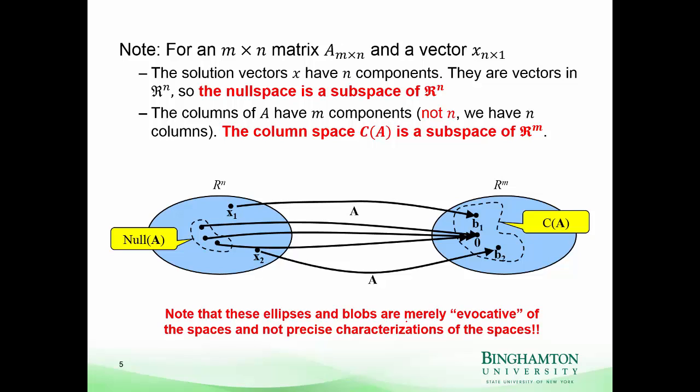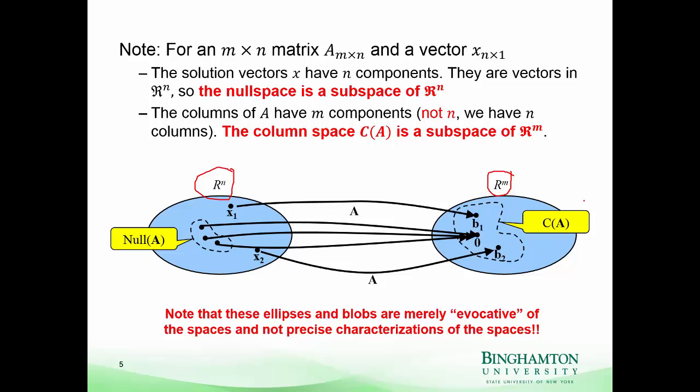So it's important to remember that the null space is embedded in the space that the X comes from. The column space is embedded in the space where the B comes from. Even though we may be interested in solving AX equal to B where A and B are known, it's often useful to think about picking, for the given A that we've got, an X and seeing where it ends up.